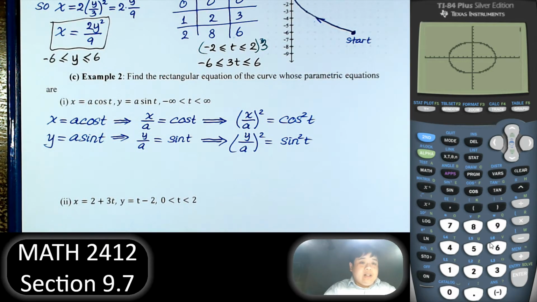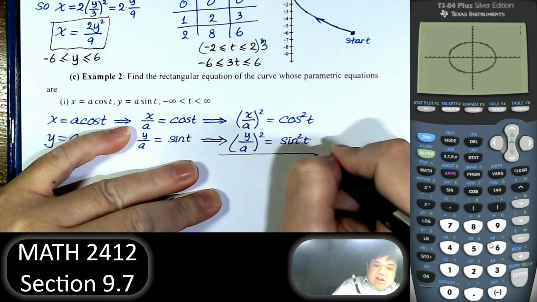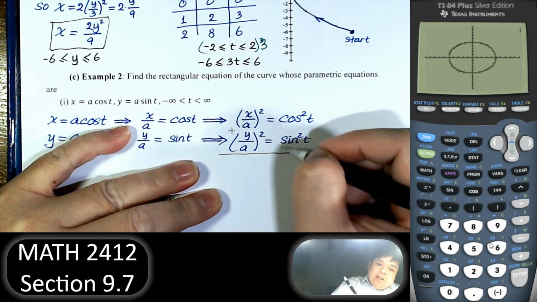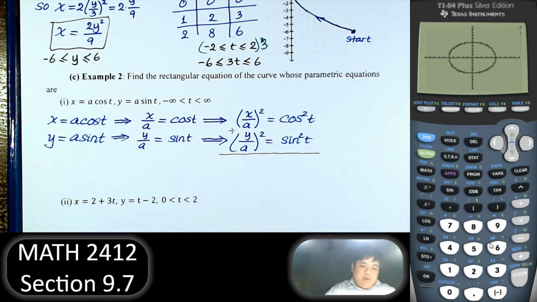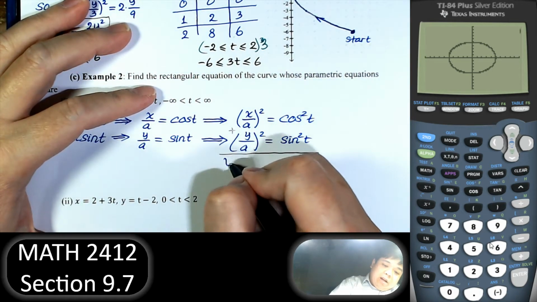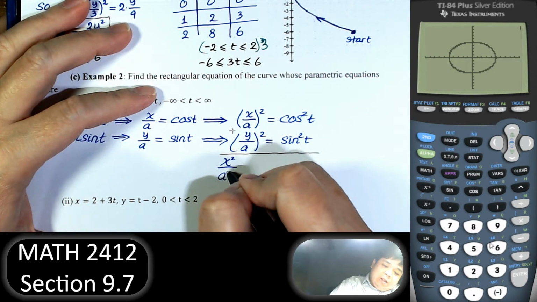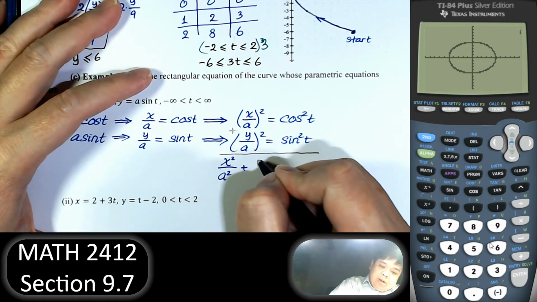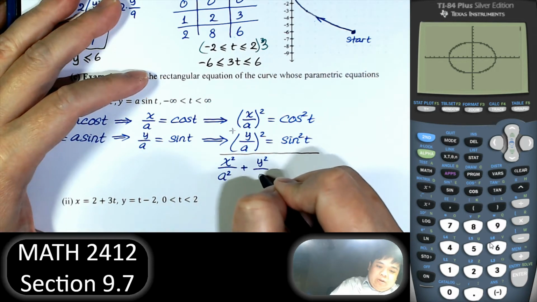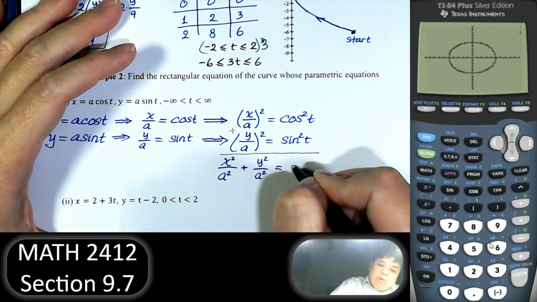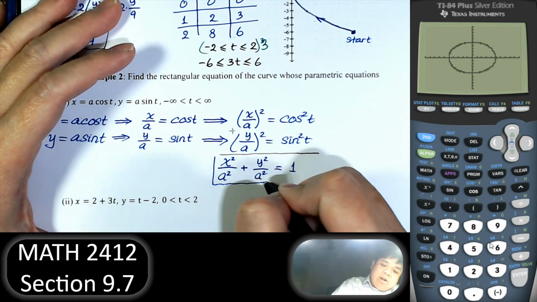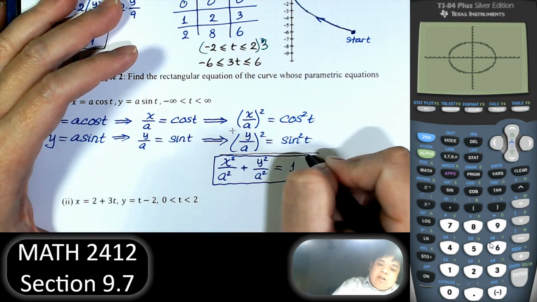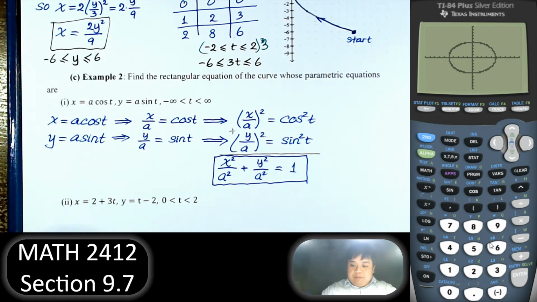Because when we add side by side, cosine squared plus sine squared is equal to 1. And the squares, I will write as x squared over a squared plus y squared over a squared equal to 1. And this is the equation in rectangular form. It is an ellipse.